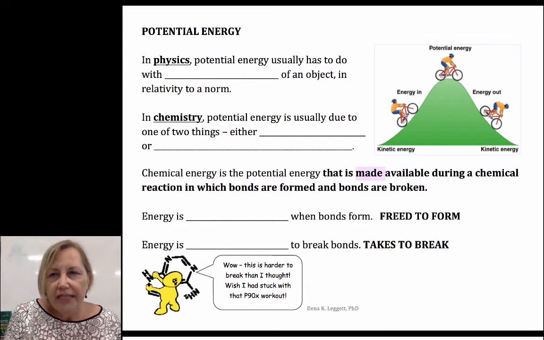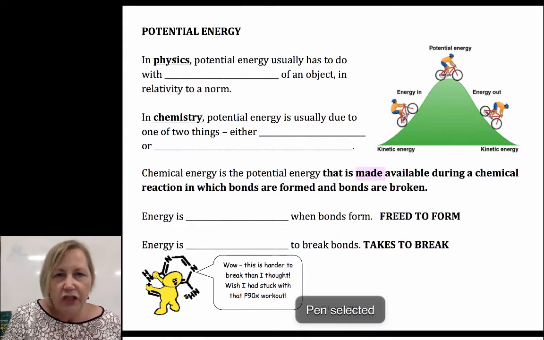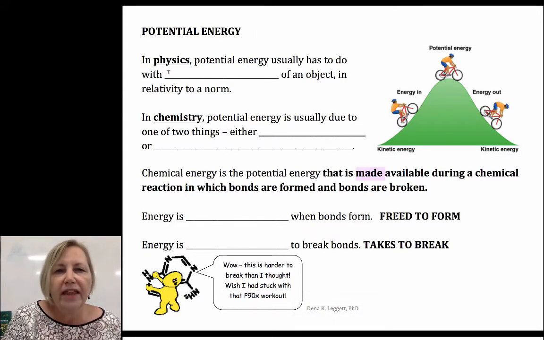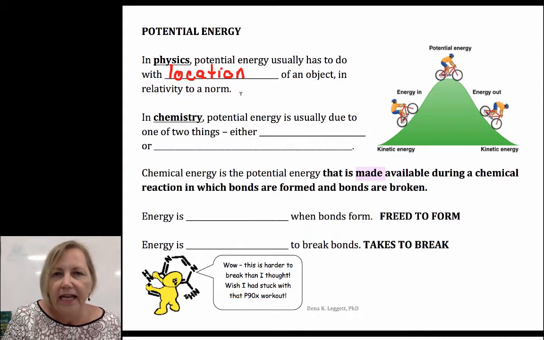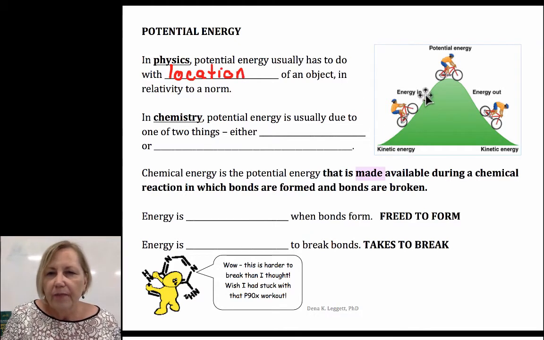So in physics, potential energy has to do with the location of an object. Objects that are high relative to a norm have high potential energy.